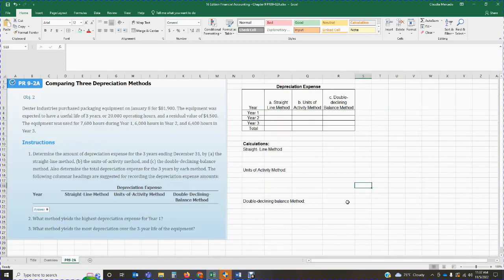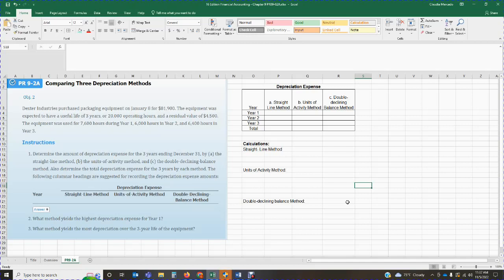So let's dive into the problem. We've got problem 9-2A, and it's basically comparing 3 depreciation methods. It says Dexter Industries purchased packaging equipment on January the 8th for $81,900. The equipment was expected to have a useful life of 3 years or 20,000 operating hours and a residual value of $4,500.